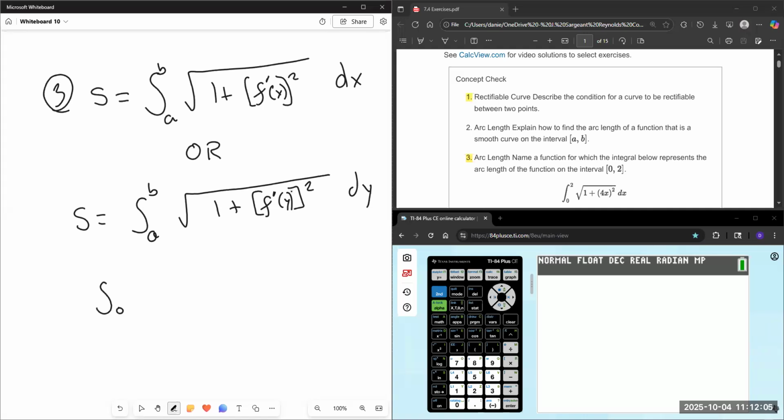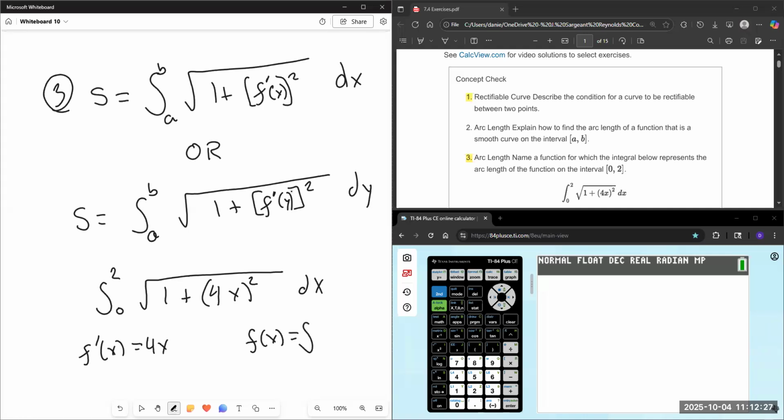It says we have the integral from 0 to 2 of the square root of 1 plus the quantity 4x squared dx. We're following this first form. So f prime of x is equal to 4x. That means that f of x could be any solution to the indefinite integral of 4x dx. That would mean f of x is equal to 2x squared plus c.